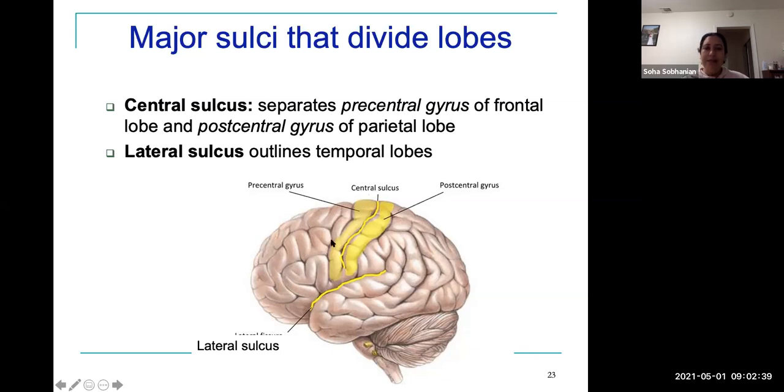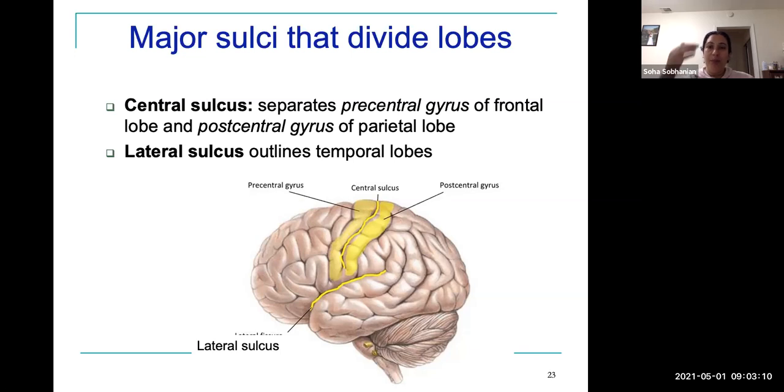The area immediately in front of the central sulcus, this little structure you see in yellow, is part of the frontal lobe, but it's also a gyrus, the pattern that you see. Because it comes before the central sulcus, we call it what? Precentral gyrus.